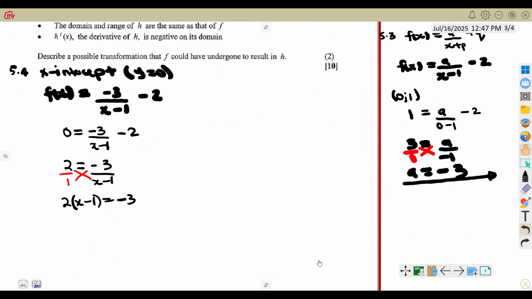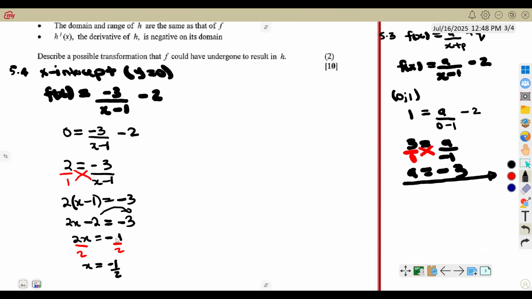Solving that equation, we will end up having 2x minus 2 being equal to -3. Transpose this one to this side, we will end up having 2x being equated to -1. When we divide both sides by 2, it therefore means that our x is going to be equal to negative half.